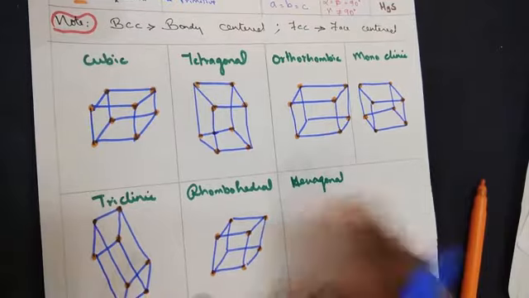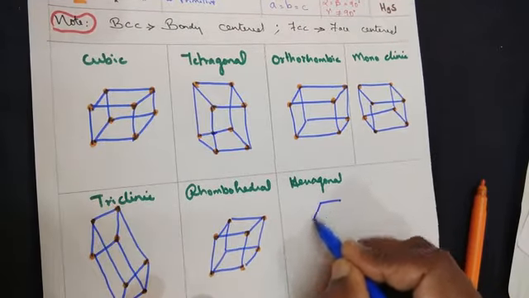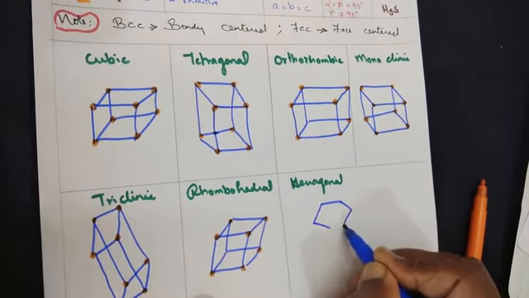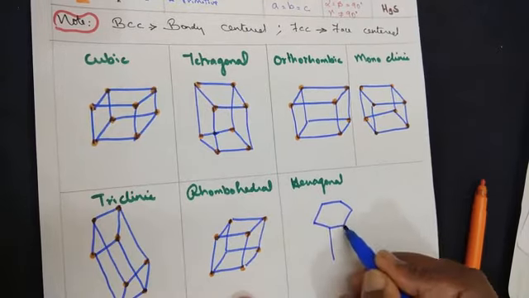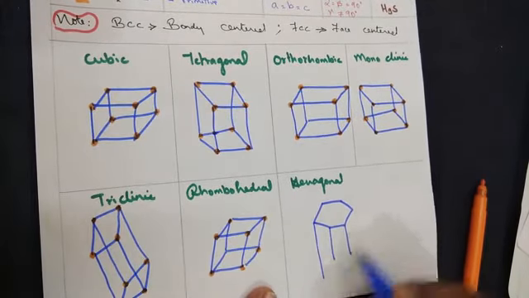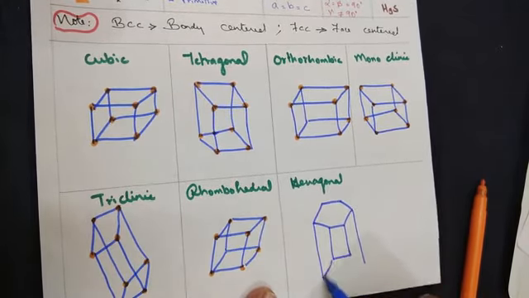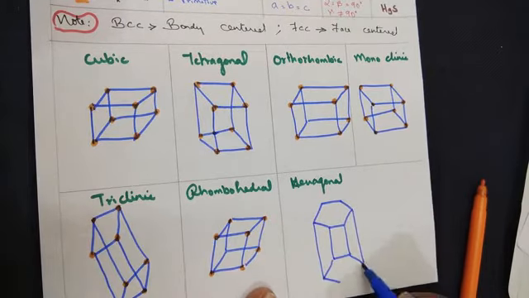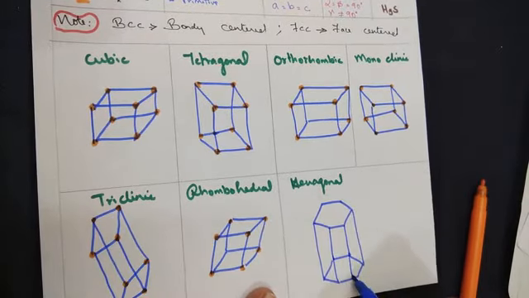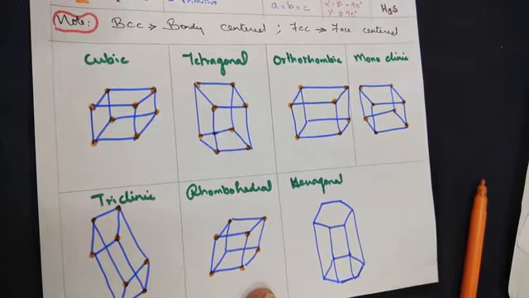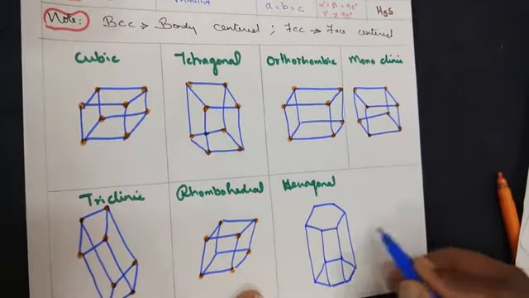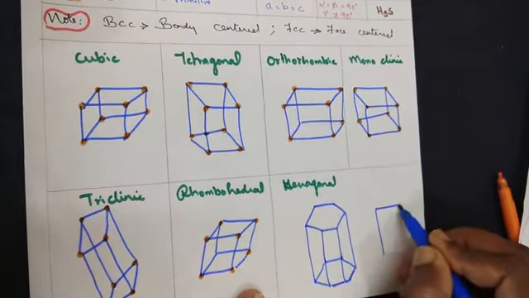Last one, hexagonal. There are 2 types of structures possible for it. One structure. The other structure also can exist.